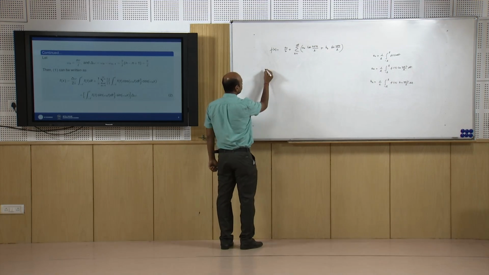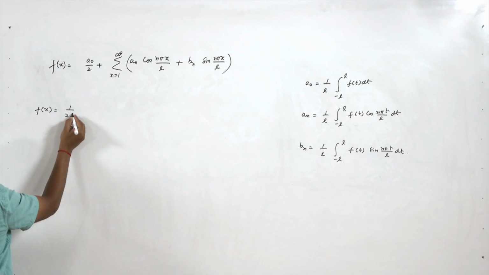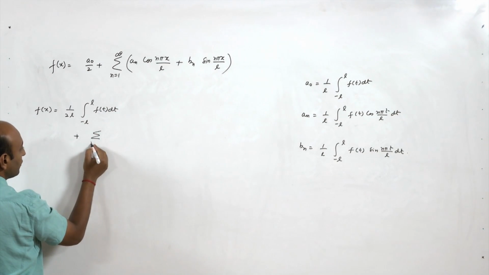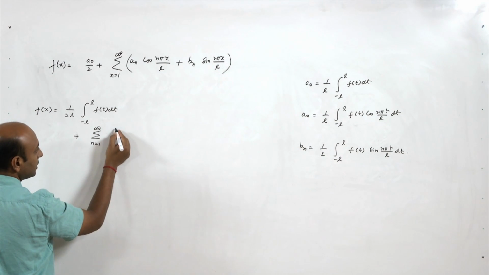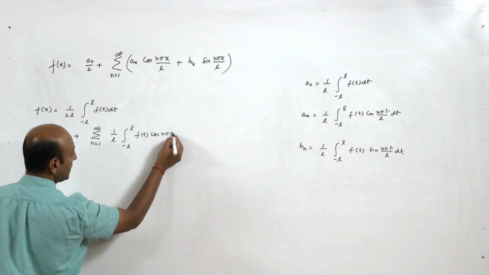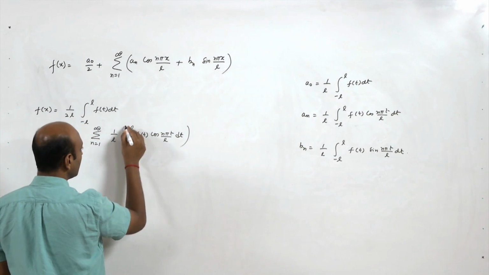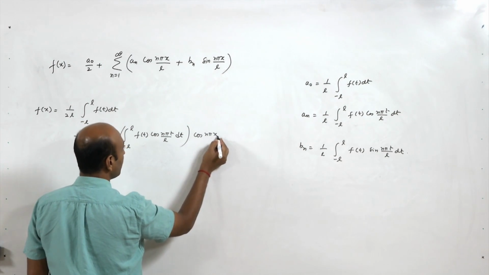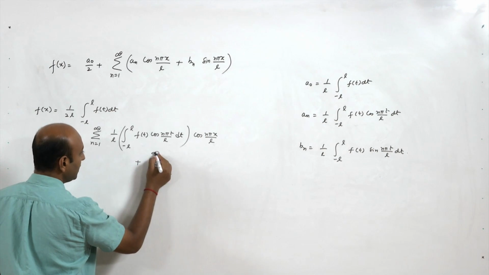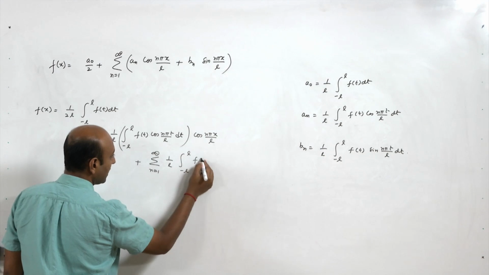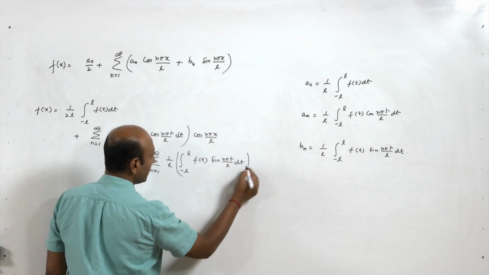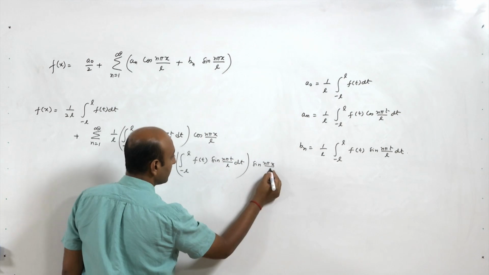So, what will we obtain? f(x) will be equal to 1 by 2L integral minus L to plus L f(t) dt, plus summation n varying from 1 to infinity of [1 by L integral minus L to plus L f(t) cos(n pi t / L) dt] into cos(n pi x / L), plus summation n varying from 1 to infinity, again [1 by L integral minus L to plus L f(t) sin(n pi t / L) dt] multiplied by sin(n pi x / L).